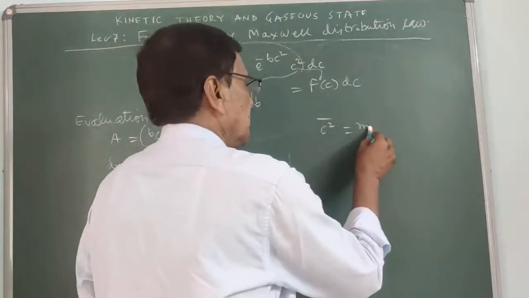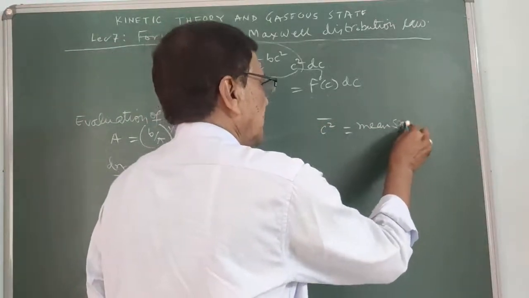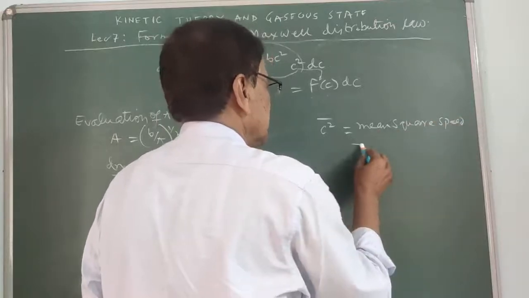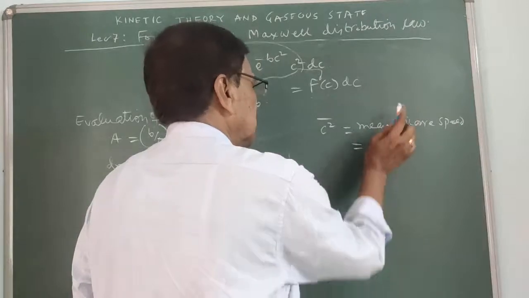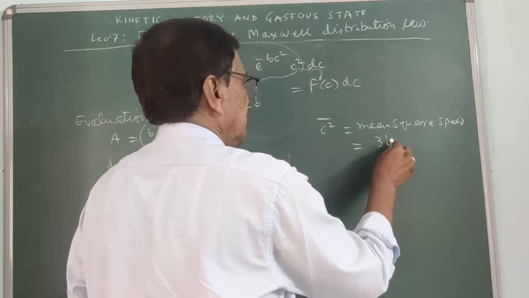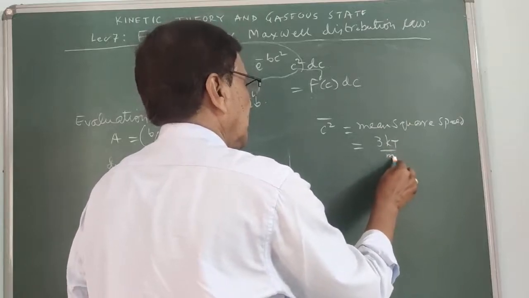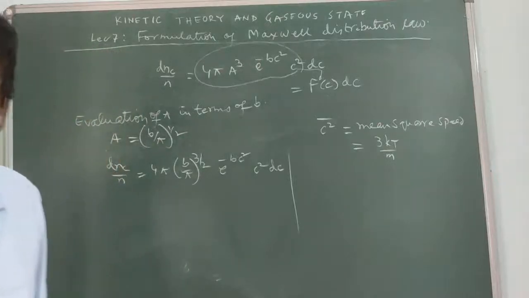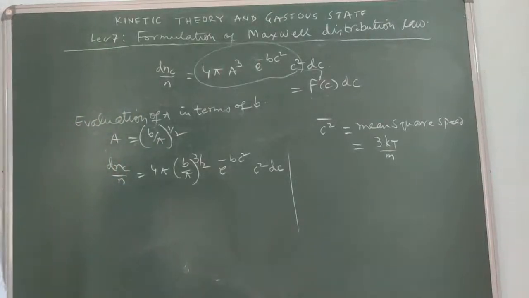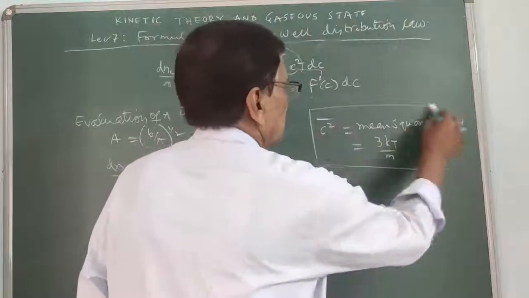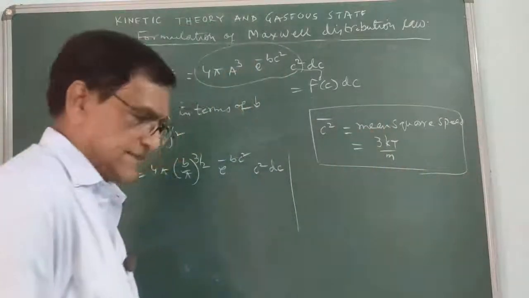It is called the mean square speed, and this is equal to 3 kT by m. This data we have to borrow from the kinetic theory of gas.